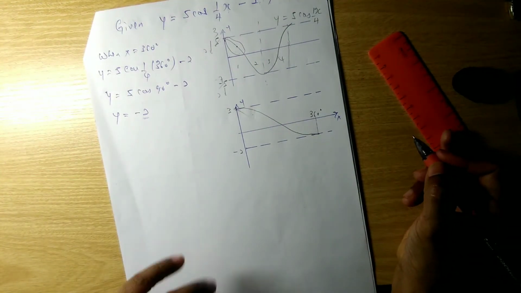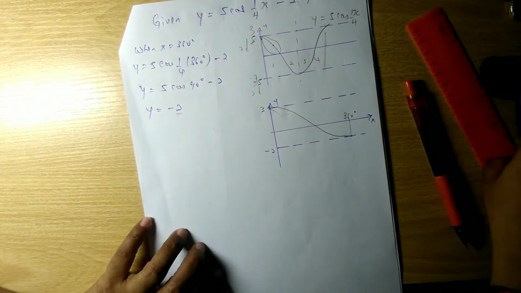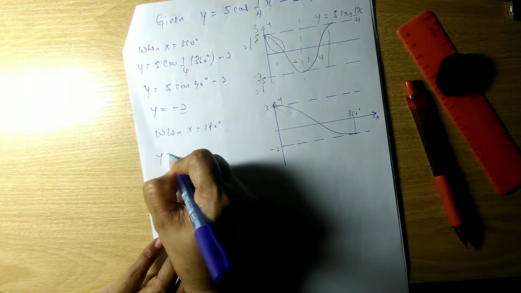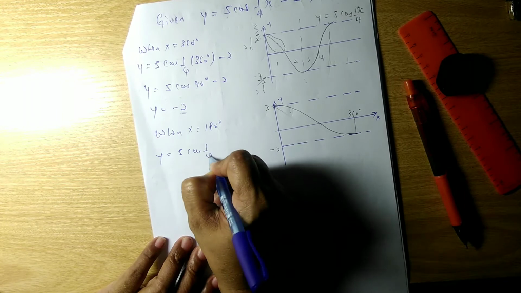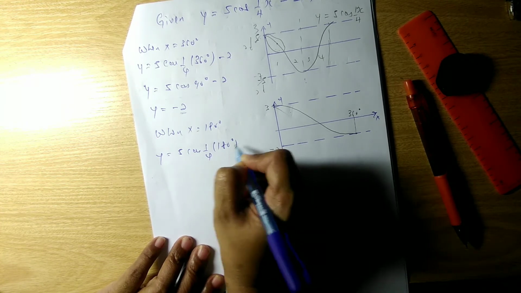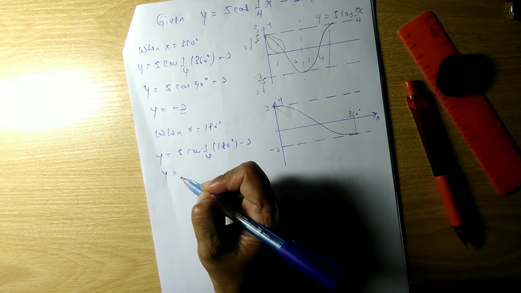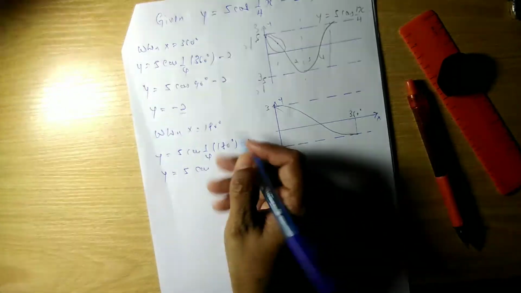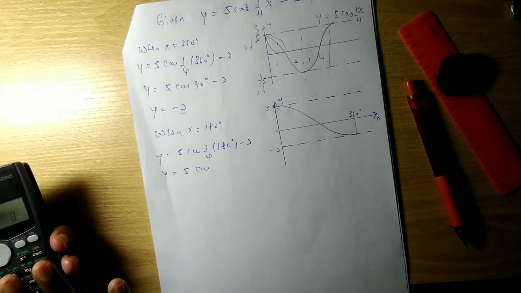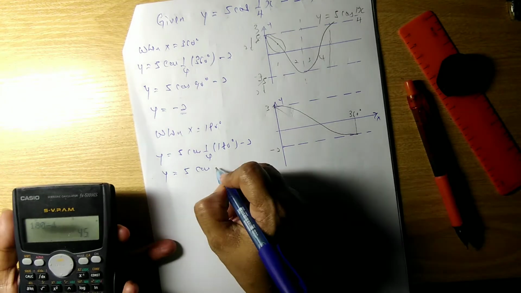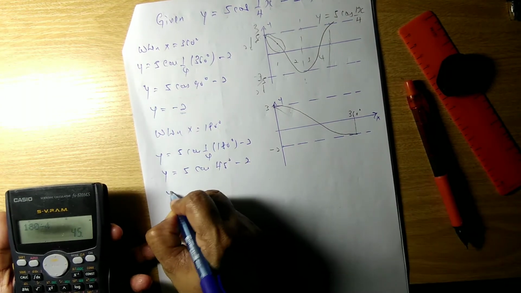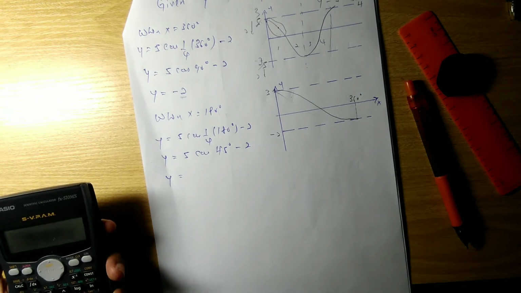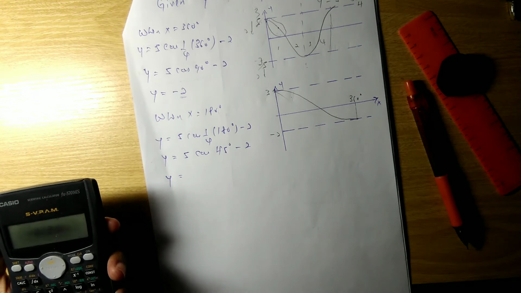If you want to check where 180 is, you can do this. When x is 180, let's see what happens there. This is 5 cos 1 over 4 of 180, minus 2. So this will become cos of 45, minus 2. Now this is not a special angle, so I'm just going to use the calculator to find the value.